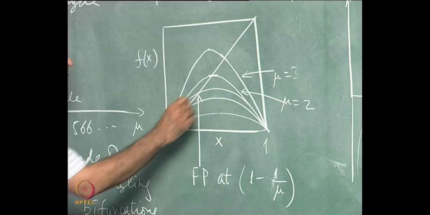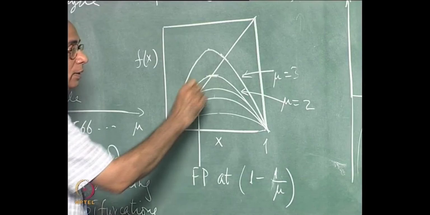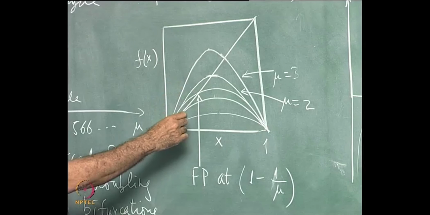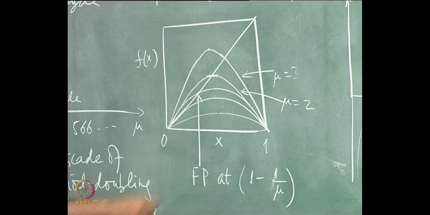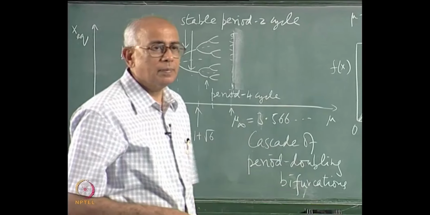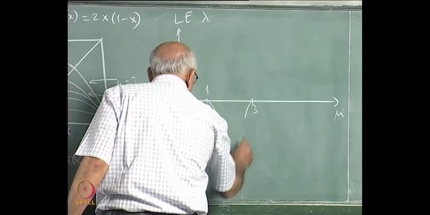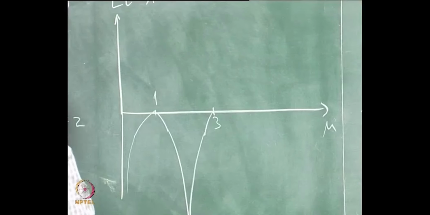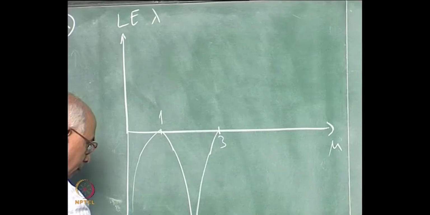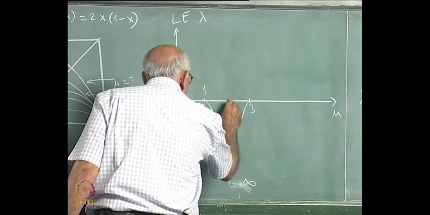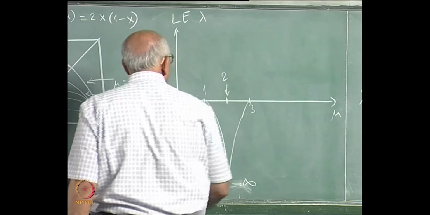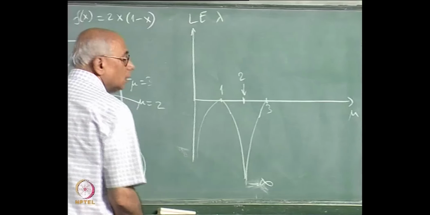It is quite clear that this is the smallest magnitude you could possibly have, and in fact the map becomes super stable at that point. This fixed point becomes super stable. The log of that plummets to minus infinity, so this goes off to minus infinity, and that is because at mu equal to 2 the fixed point is super stable.